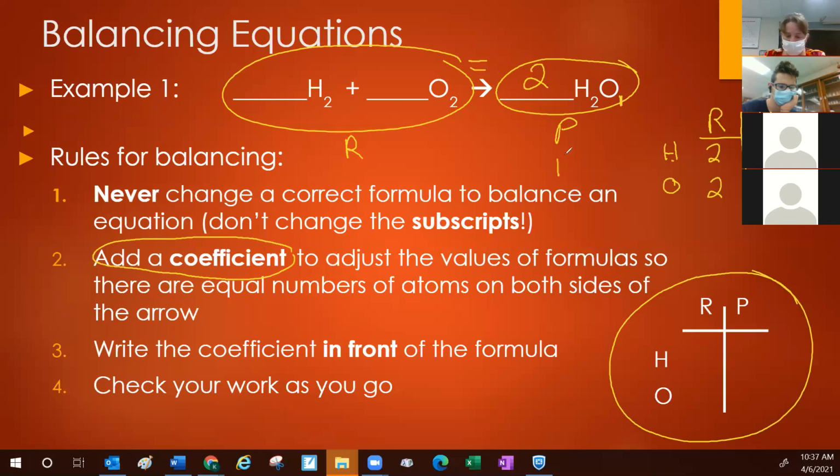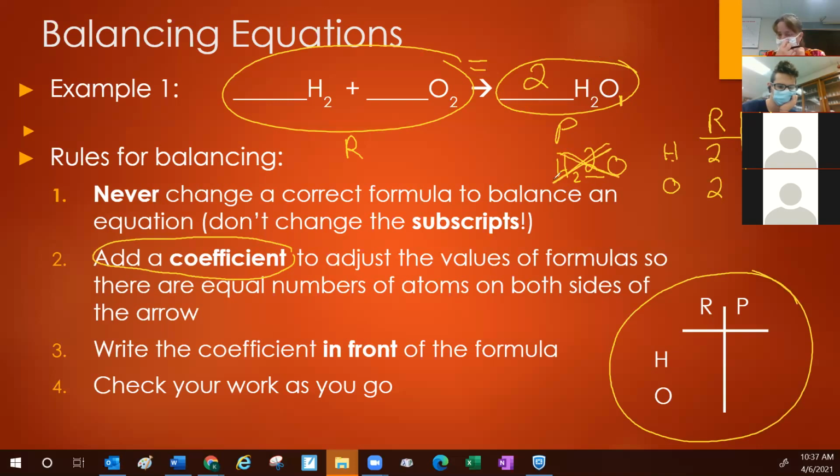Notice I did not put the 2 in the middle, because H2O does not have a plus sign in the middle. It is a compound, and the 2 must go in front of the entire compound. You can't break it up in the middle.